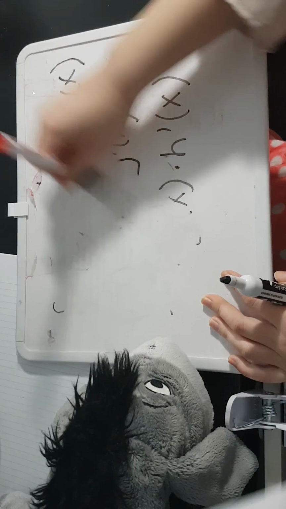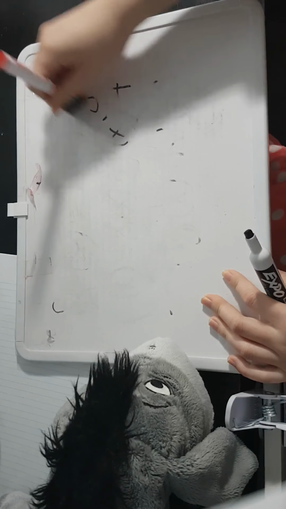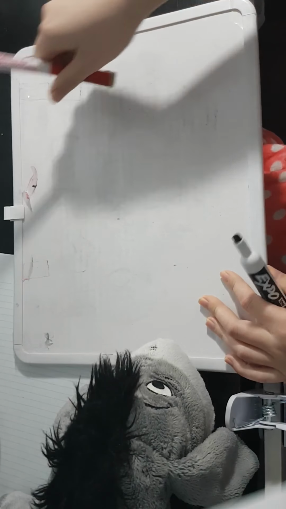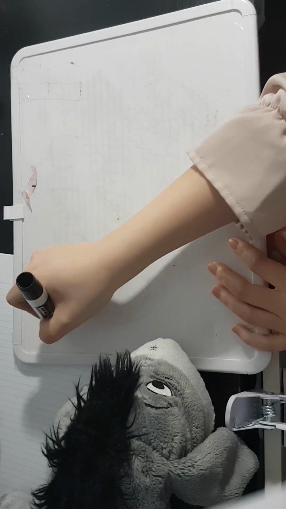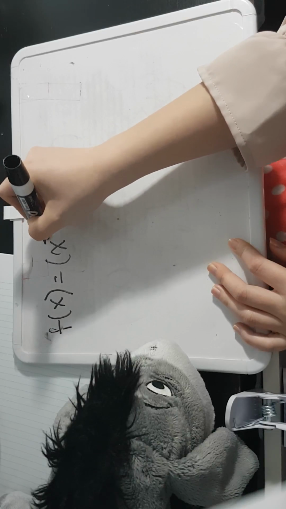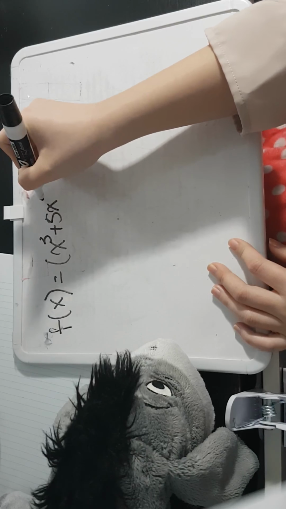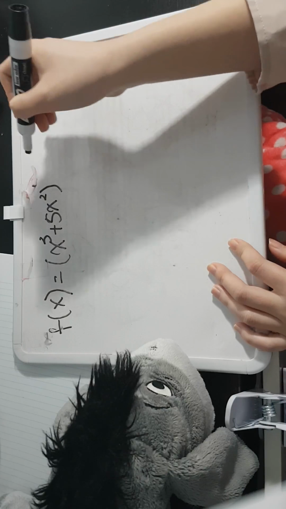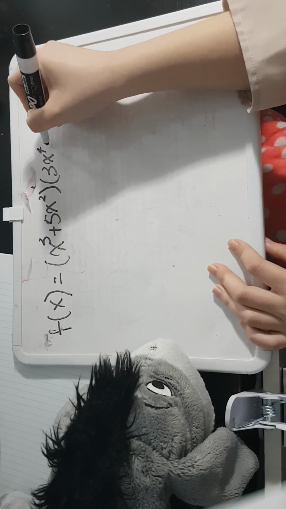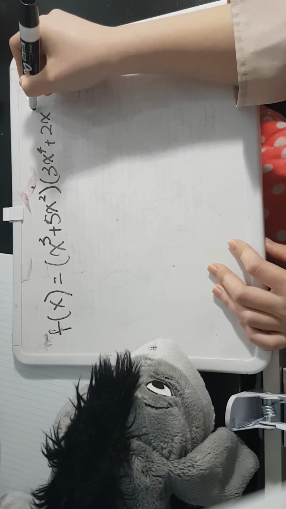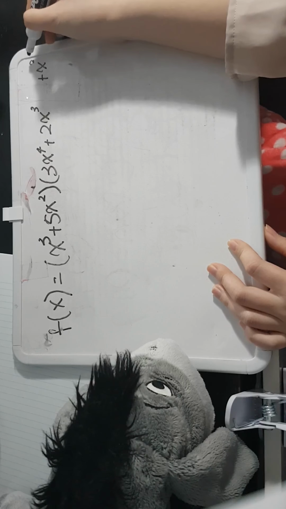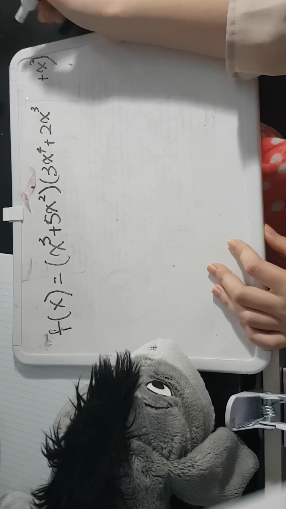So let's do a short and sweet example first. If now we have f(x) equals (x to the power of 3 plus 5x squared) bracket multiplied by (3x to the power of 4 plus 2x to the power of 3 plus x to the power of 2) bracket.